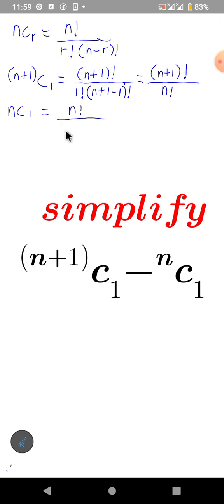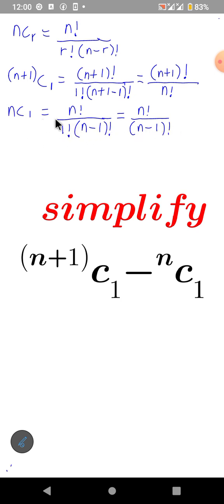Our r is 1, so we say 1 factorial, then open bracket n again, n is n, so we say n minus r is 1, so we say 1 close our bracket, put our factorial symbol, then we continue. n factorial all over 1 factorial is 1, so we'll just put open our bracket here, say n minus 1 factorial. 1 factorial is 1, and you multiply this, give us what? n minus 1 factorial.